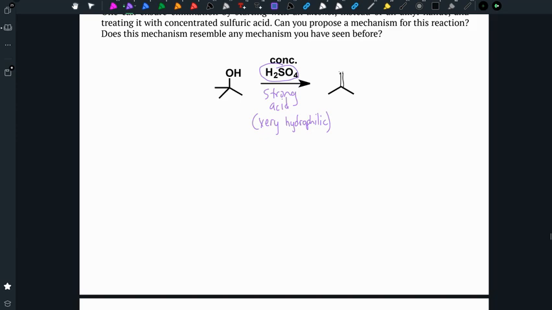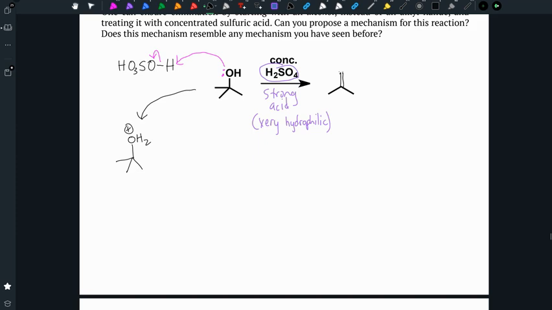But it's a strong acid, so my first step is going to be to use it to protonate my alcohol. That's what strong acids do. They put protons on things.